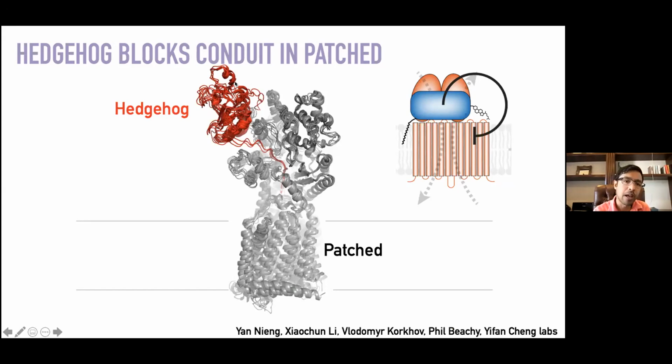The model now is that hedgehog binds to this extracellular region of Patched, but then there's this N-terminal bit of hedgehog that dives deep into Patched. And the proposal has been that this long bit of hedgehog basically occludes the pathway whereby some sort of molecule that would be transiting Patched needs to move. But that doesn't fundamentally answer the question of whether Patched is a transporter.